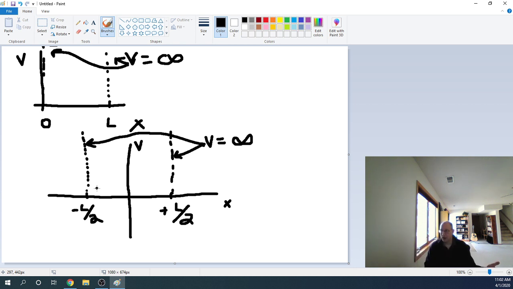So the probability associated with the particle, which is equal to the absolute value of psi squared, should be symmetric around the origin too. If there's a 50% probability that the particle exists over here, there better be a 50% probability over here.